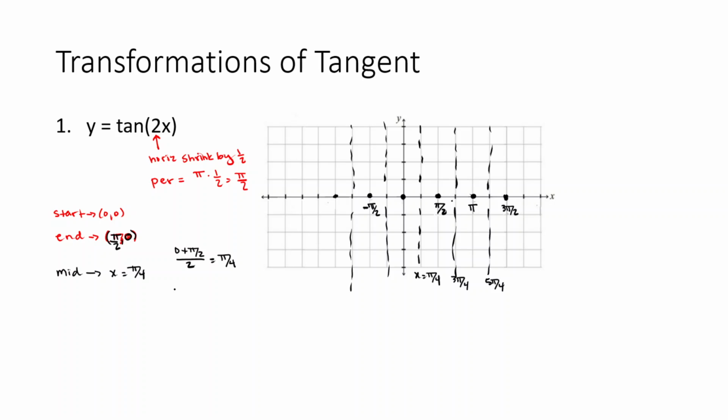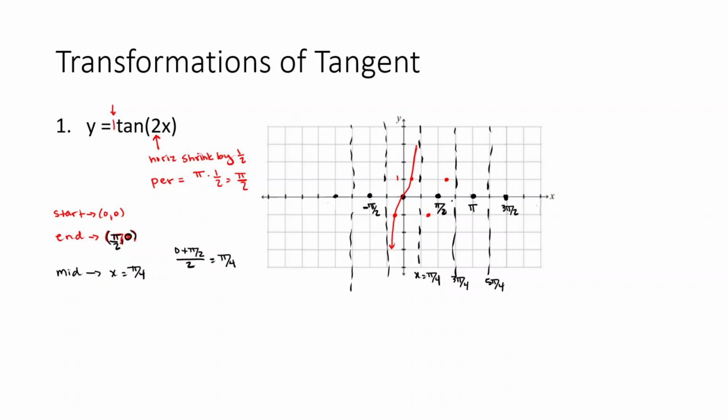Now, what does tangent do in between the asymptotes? Well, there's no change here in amplitude, so our A value is 1. So halfway in between the 0 and the asymptote it's going to equal 1. And on the other side, it'll equal -1. So then I can connect the dots.